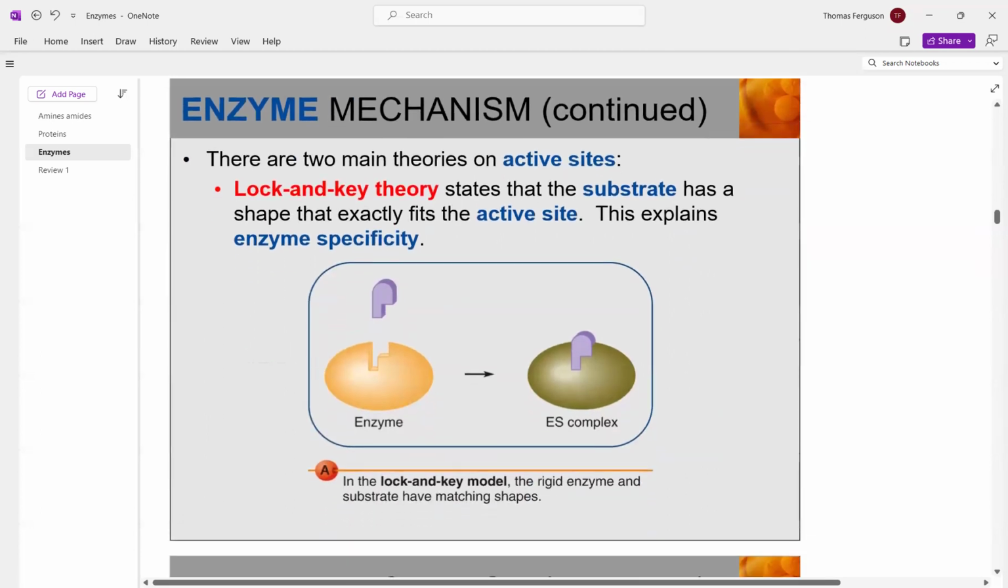Now, there are many theories on how the active site works. One theory is called lock and key. What that means is the substrate has a place on the enzyme called the active site, and it fits in there perfectly, like a lock and a key.